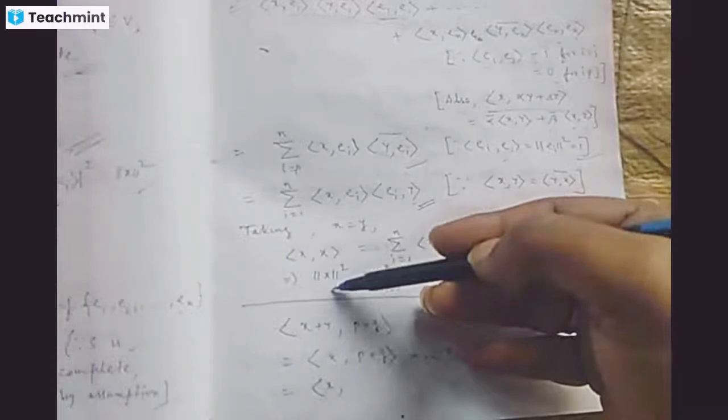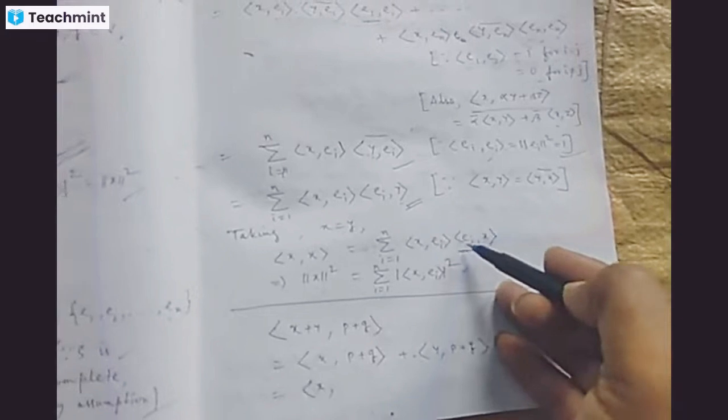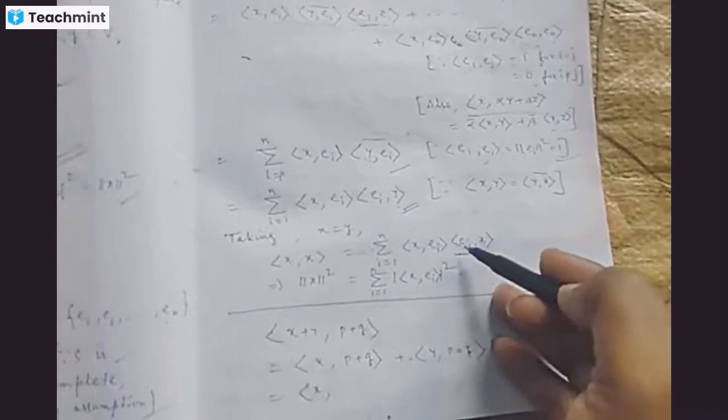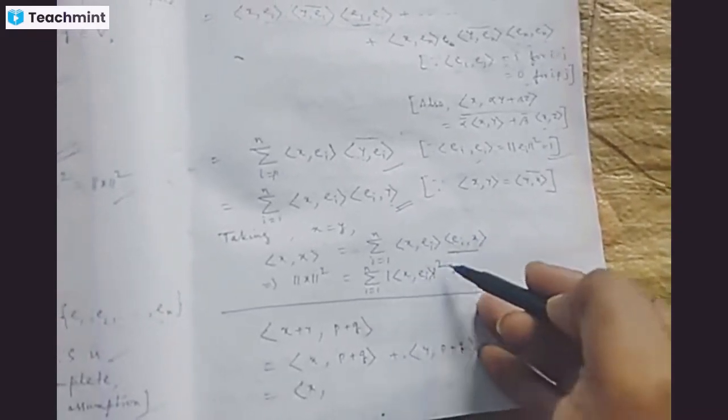So now this will be norm of x square equal to summation i equal to 1 to n of mod of the inner product x e_i whole square, because this can again be turned into the bar form, x inner product x e_i under bar, and by multiplication we will get mod of inner product x e_i whole square.